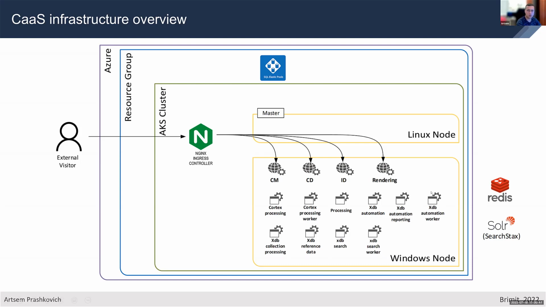Looking at Sitecore, each pod represents a Sitecore role. So we have CM, CD, identity server, and on this diagram as well, a rendering host. All roles required for Sitecore Experience Platform for the XP1 topology, actually.